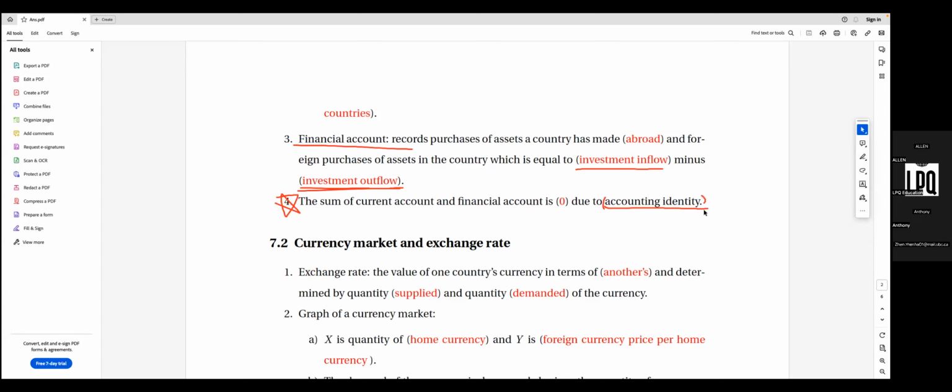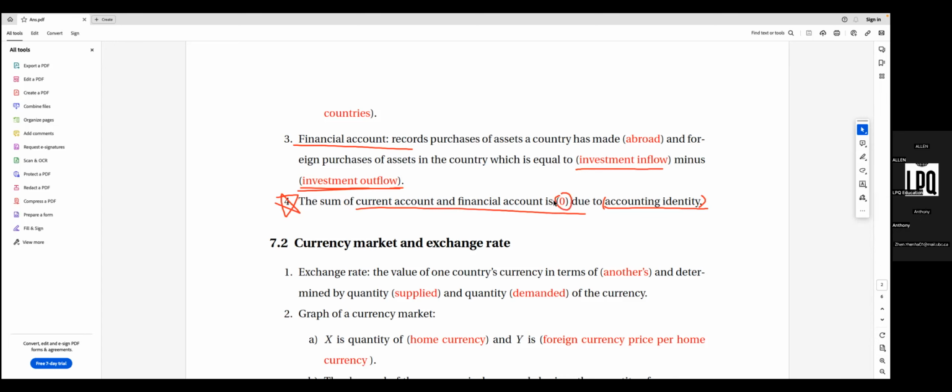We don't need to talk about the accounting principle today. But remember this: the current account balance and the financial account balance together must be zero. You add up the balance of the current account and the balance of the financial account, and it must be zero.